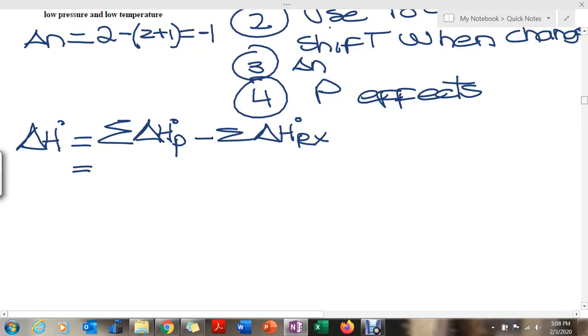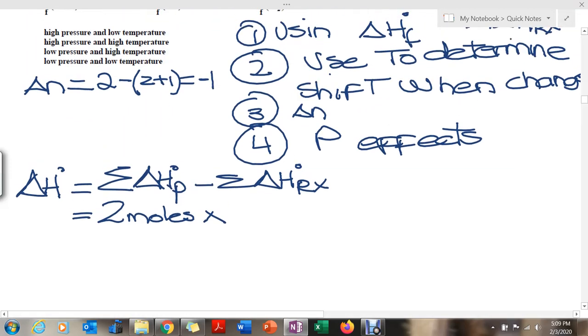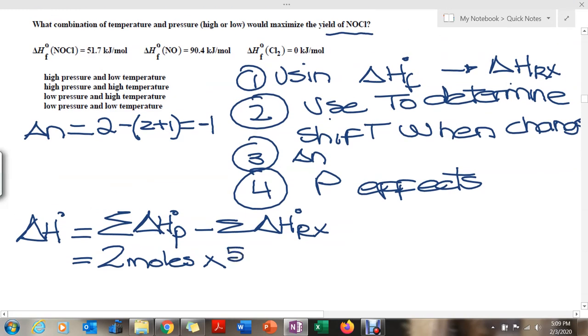So you're going to multiply 2 moles by the enthalpy of formation of NOCl, 51.7 kilojoules per mole. You cancel it out, of course, and at the end it's going to give you kilojoules per mole of reaction.